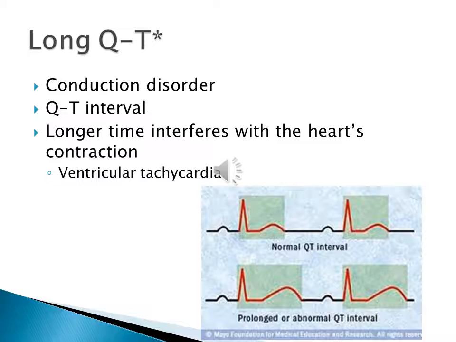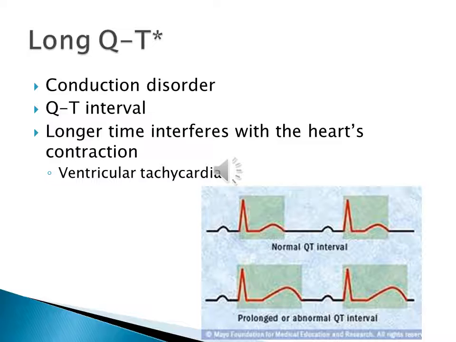What happens here is you get a prolonged or abnormal QT interval. Okay, the QT interval is the time it takes for the ventricles to depolarize and then to repolarize. So what you look at is, again, the ventricles getting stimulated to contract and then kind of go through a rest period. And what happens is that time gets longer.